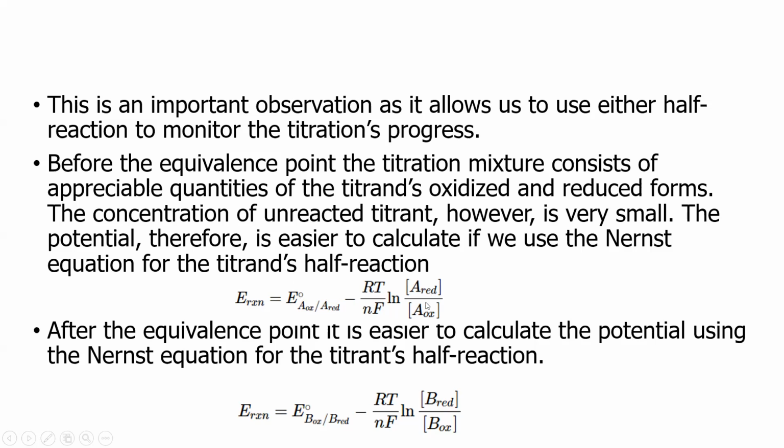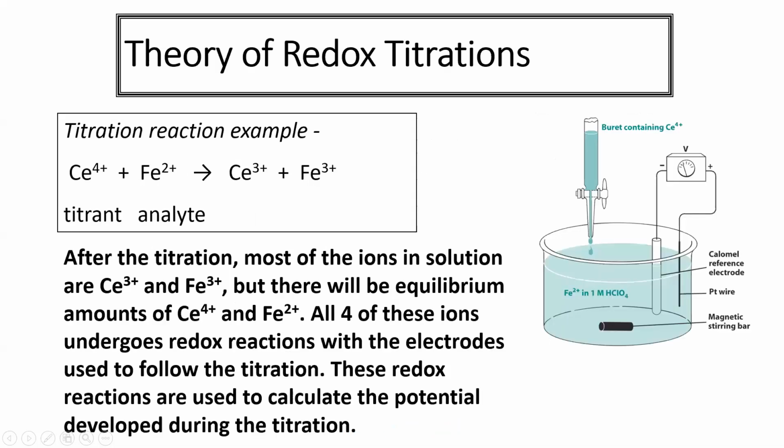That is for your half equation for A, species A. You can also do that for B. So for each of the half equations, we have their Nernst equation, for the titrant and for the analyte. So this is the titrant half equation, and this is the analyte half equation. Let's say your Fe2+ and your KMnO4.